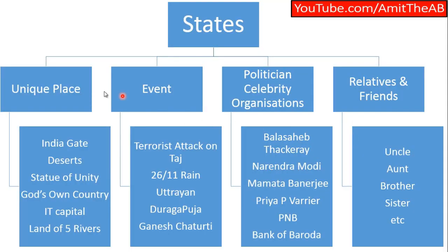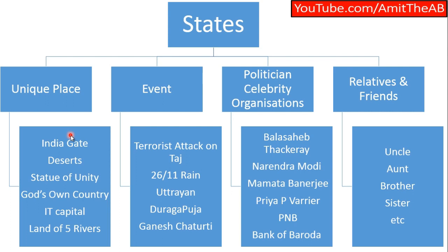For states, I just use four different ways to remember them. First is unique place, second is event, third is politicians, celebrities or organizations, and next is relatives or friends. Unique place. There are certain unique places about a particular state. You can use them.